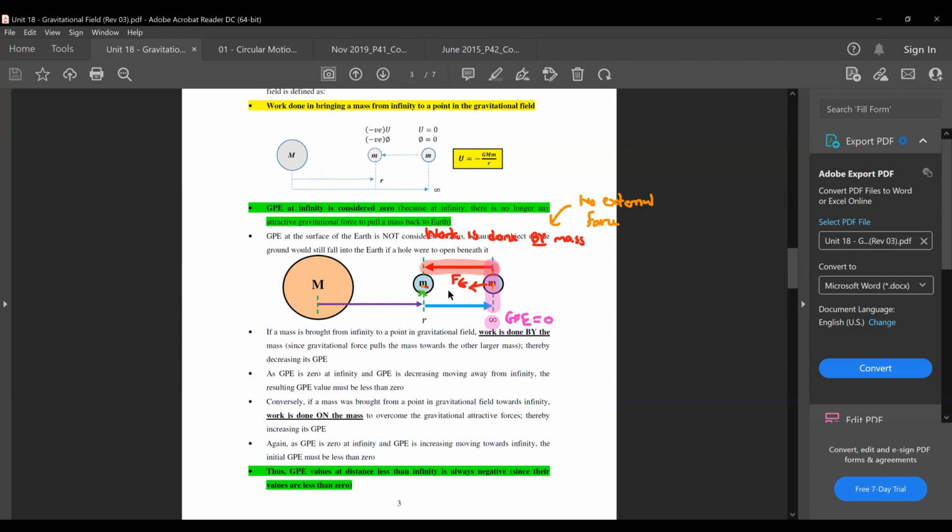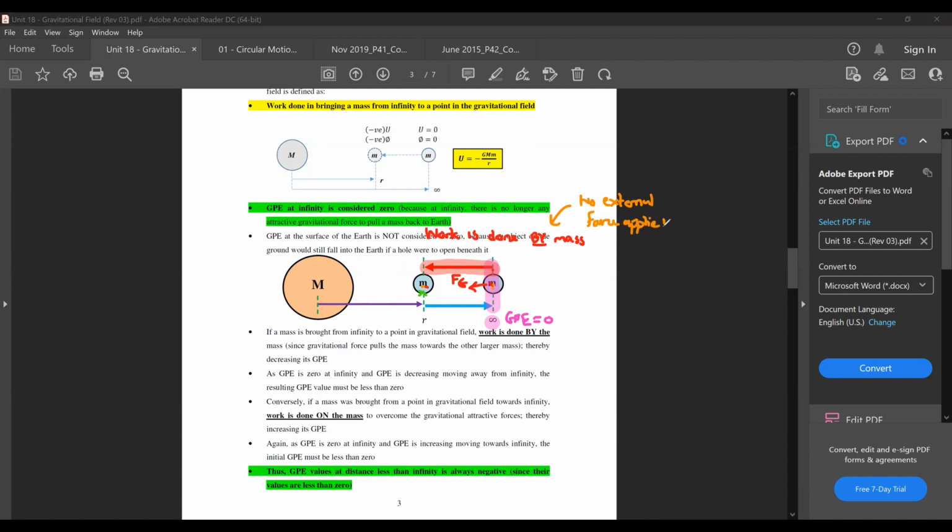Because by definition, we know that gravitational potential energy at a point is whatever work that you did to bring the mass from infinity to that point. If you bring a mass from infinity to this point, by right, there's already a gravitational force acting on the mass. You don't need to purposely apply any external force to bring the mass from infinity to this point. So no external force applied by anyone.